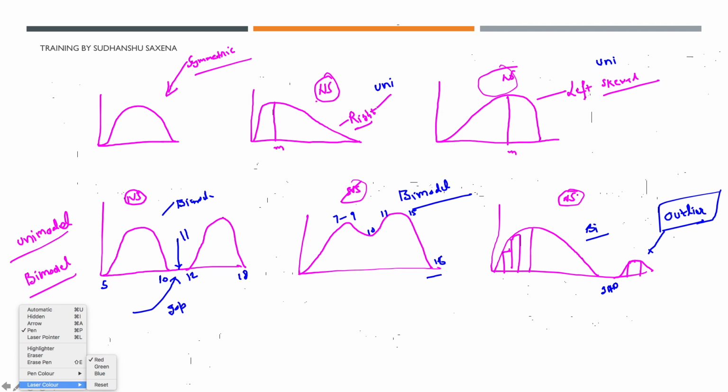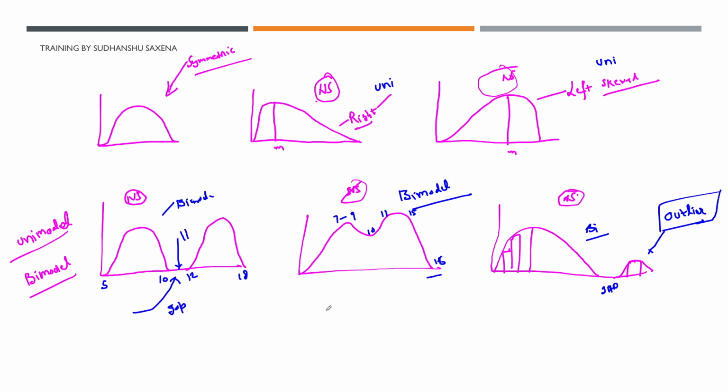There is one bigger possibility which I wanted to talk about: what will happen if I have a graph like this, right? What will happen if I have a graph like this? Now there is no peak, there is no bimodal, everything is consistent over here, right?